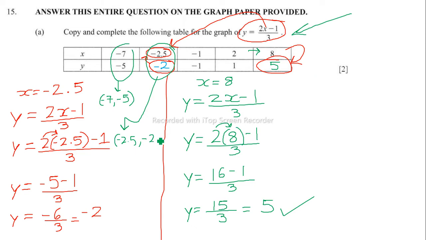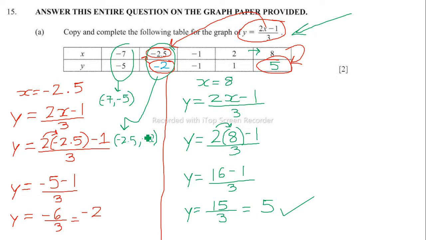Can someone tell me why I wouldn't plot this? Why I would leave it for last? So you just join it in with the rest? Yeah, so I could join it in with the rest. Because it's a decimal, and I might make a mistake.